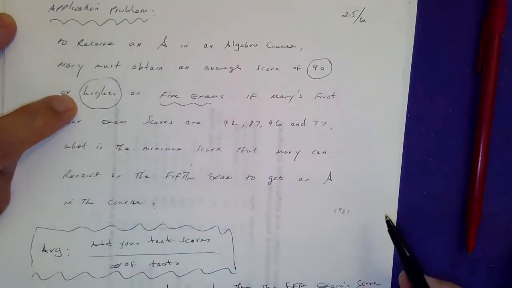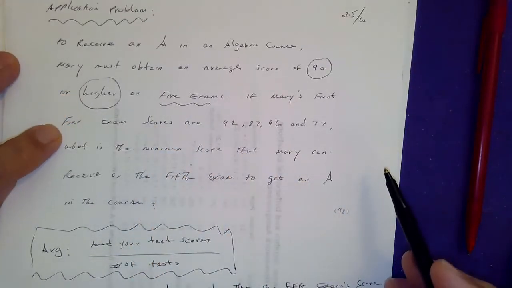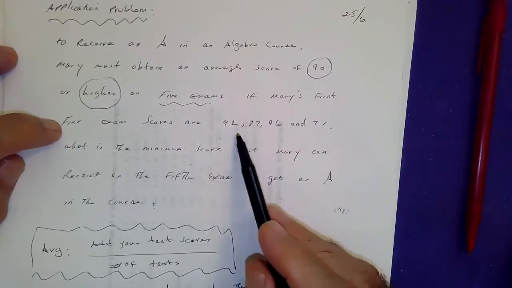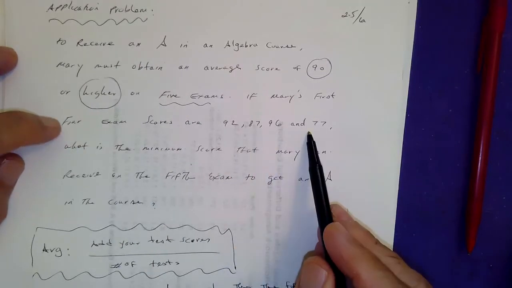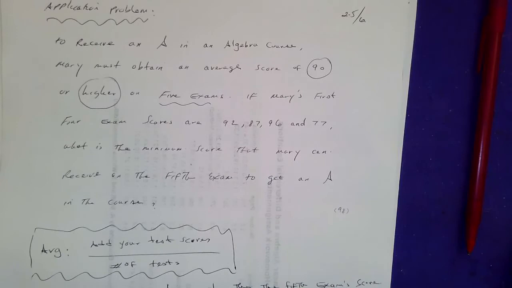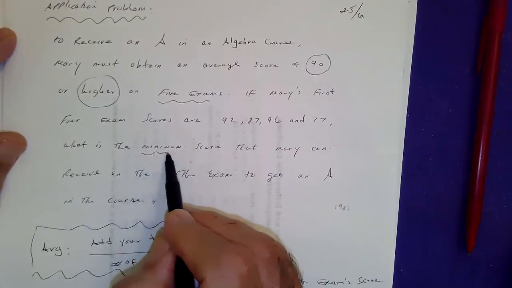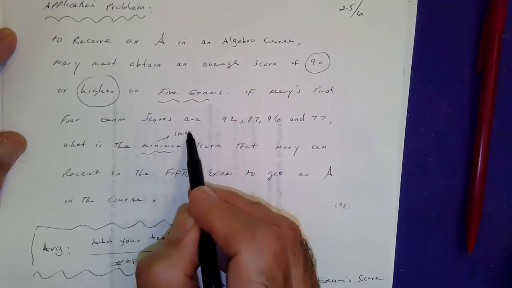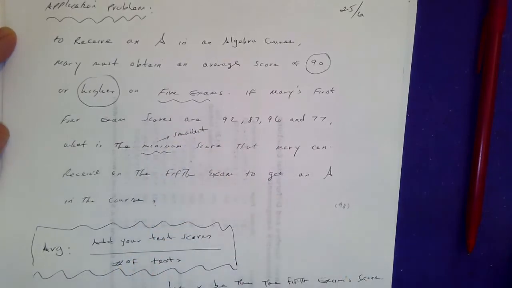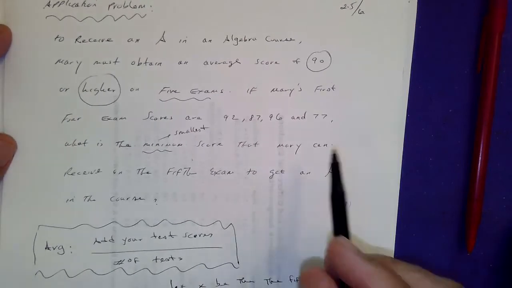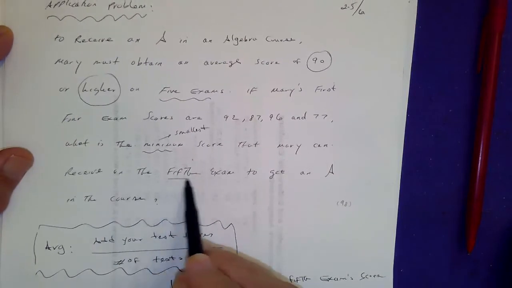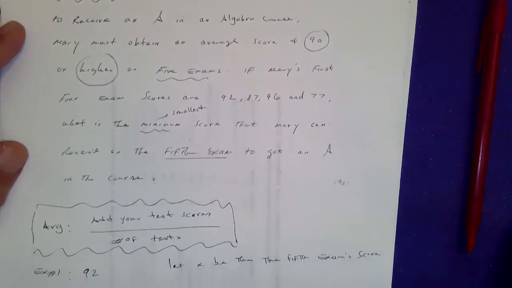If Mary's first 4 exams happen to be 92, 87, 96, and 77, what is the minimum? Minimum means smallest. What is the smallest score that Mary can receive on the 5th exam to get an A in the course?